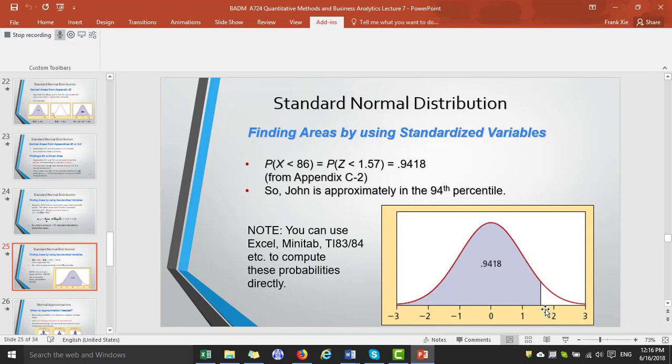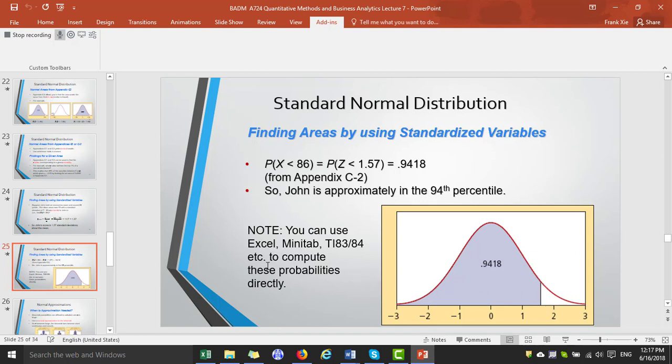In other words, 1.57 is just a little bit to the right of 1.5, between 1 and 2, and the total area to the left of that is 0.9418. That is saying that John is approximately in the 94th percentile, or his score is higher than 94% of his class. Okay?